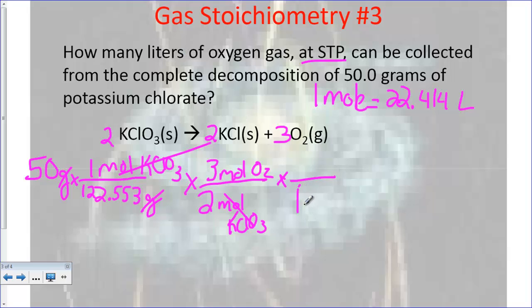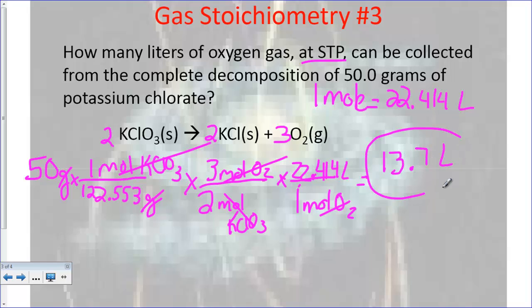And this is where our molar volume, 22.414 liters, comes in. All right, and then we would multiply across the top, multiply across the bottom, divide those answers, and we get 13.7 liters of oxygen gas.